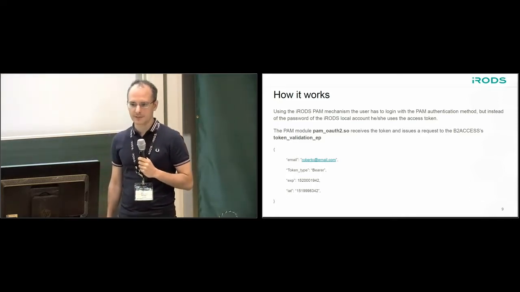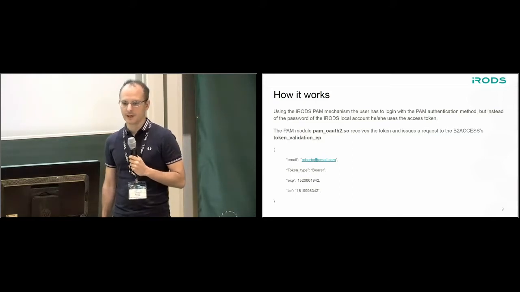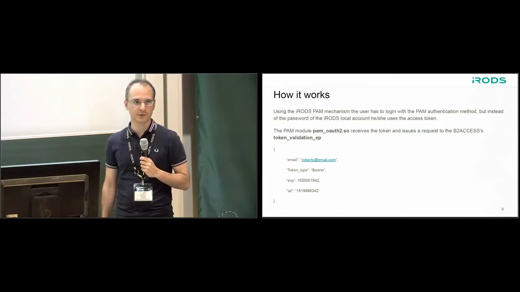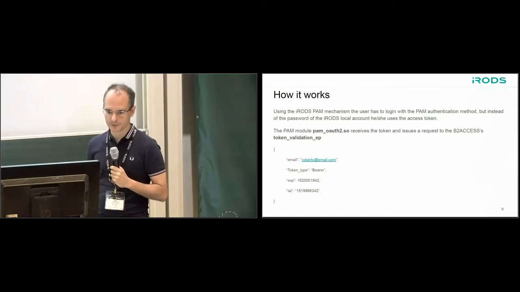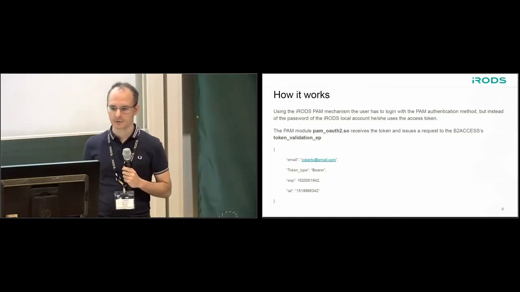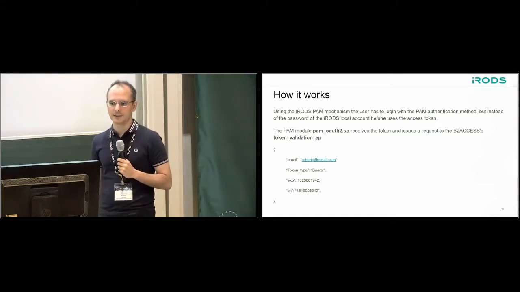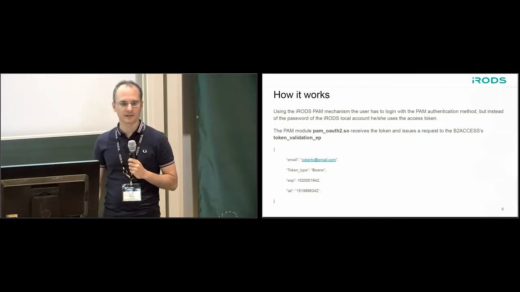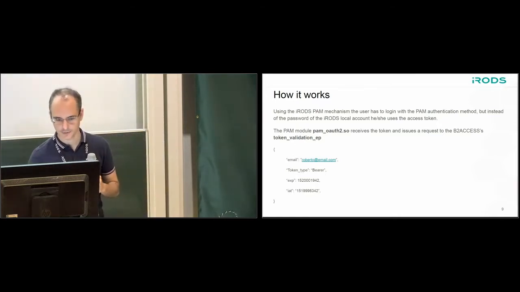Using the iRODS PAM mechanism, the user logs in with the PAM, but she uses the OIDC token instead of the username and password. The PAM module, which is called PAM OAuth2 SSO, receives the token and issues a request to the B2Access token validation endpoint, or introspection, it is the same, more or less.